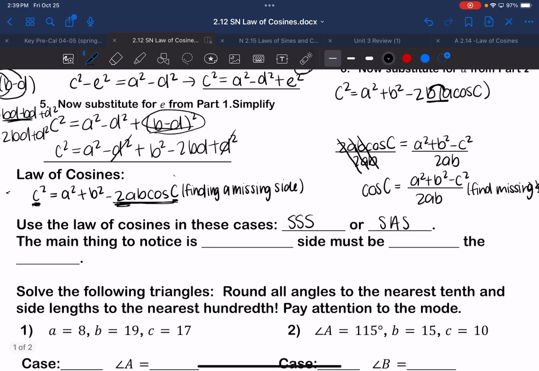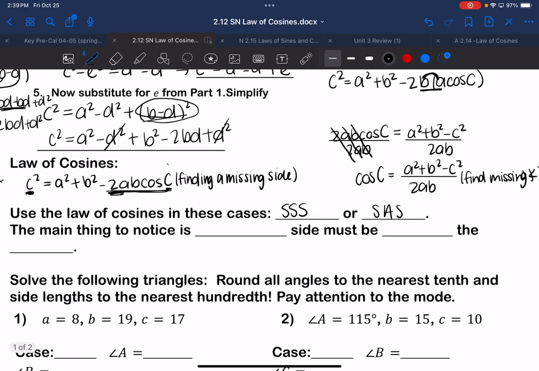Okay, I know just by looking at those formulas, we're not going to prefer to use law of cosines, right? We prefer to use law of sines. But in these two cases, we won't have a choice. This is the only time you have to use law of cosines, if you have either one of these two cases. All right?